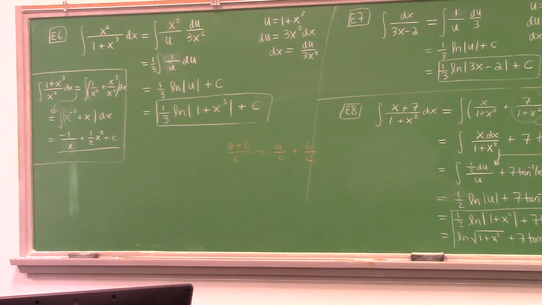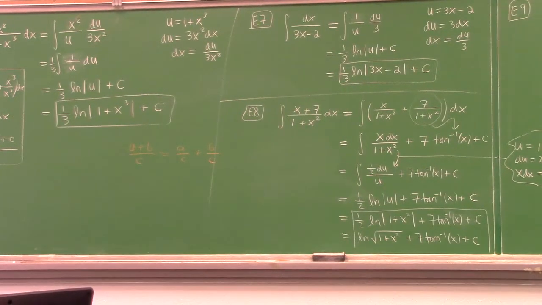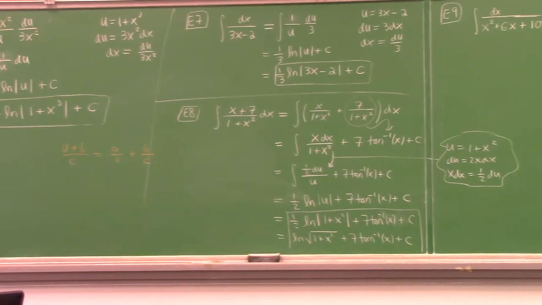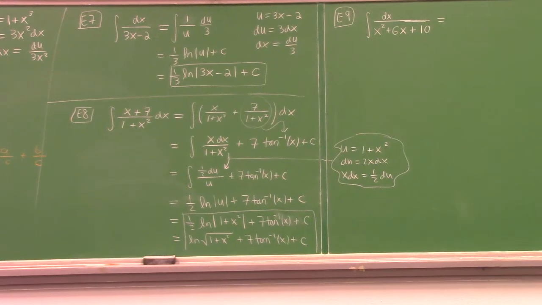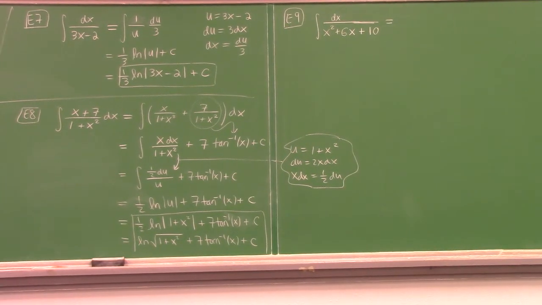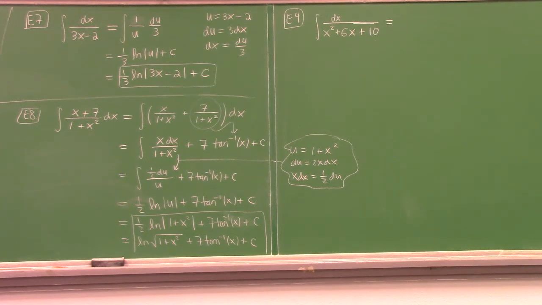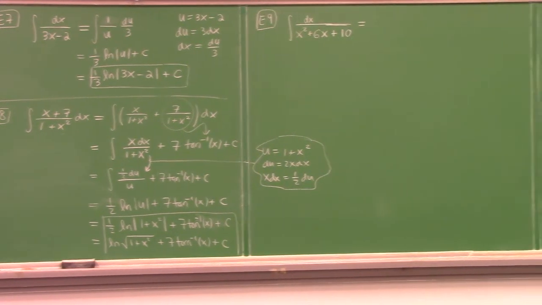When I was in your place and I saw a problem like this, I would immediately curse there not being an x. I want there to be an x in the numerator, because if there was an x in the numerator, things would be hopeful, right? But there's not an x in the numerator.